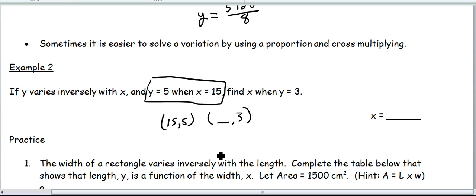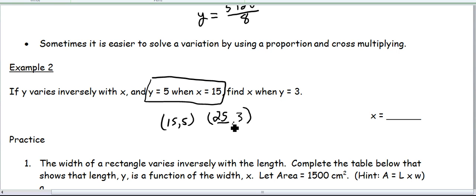Let me show you what you can do. You can multiply 15 times 5 and then divide by the number that you know. So if I do 15 times 5 in my calculator, divide by what I know, which is 3, I come up with 25.